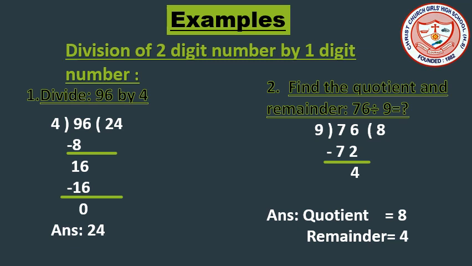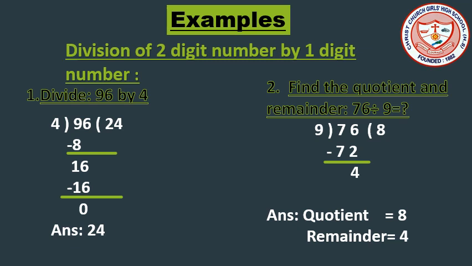Got it? Now we have done multiplication, then division. Now what are we going to do? Right. Now we are going to do the last thing, that is subtraction. Okay. So 76 minus 72 gives us 4. So here the 4 is left over.